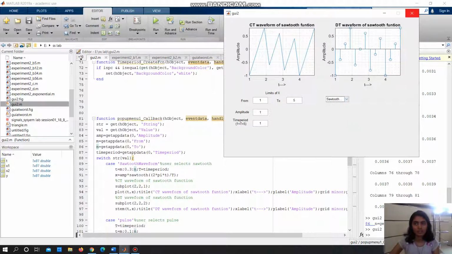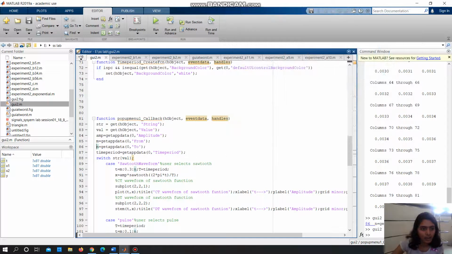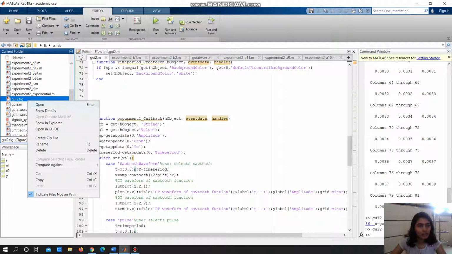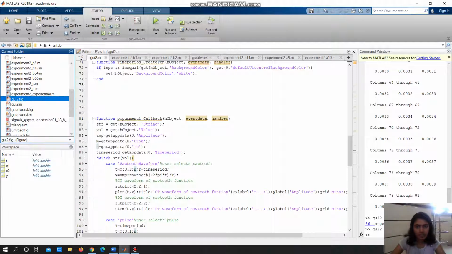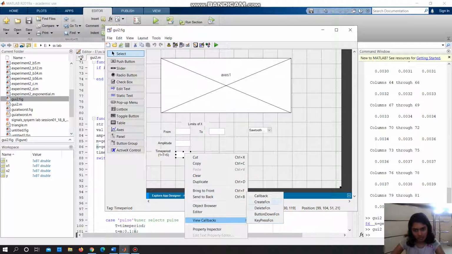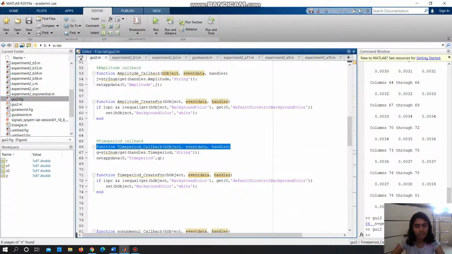So how to do this? We can use GUIDE or App Designer. I have used GUIDE. We can give the different components in GUIDE by using the left panel. I have given axes and edit text boxes. We can also add a callback to this and get the auto generated code.